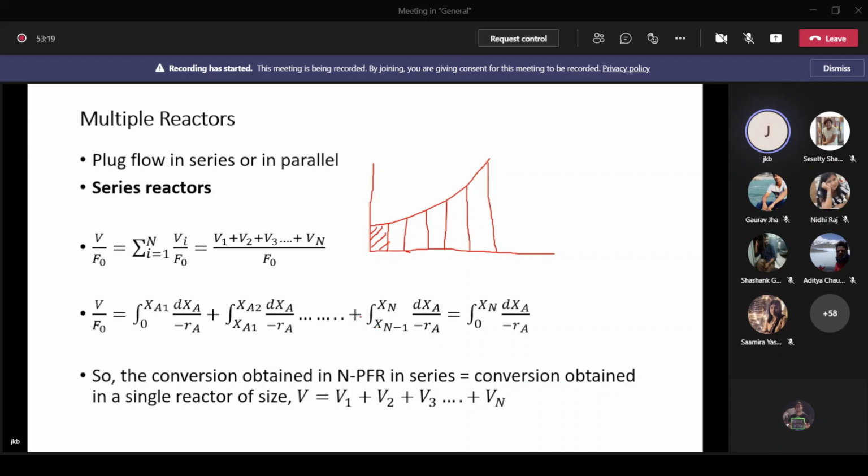So the summation of all individual areas will give you a large reactor integrated from 0 to final conversion Xn, so dXA by minus RA. So the conversion obtained in n PFRs in series is equal to the conversion obtained in a single reactor of size V, which is equal to the summation of all reactor volumes.